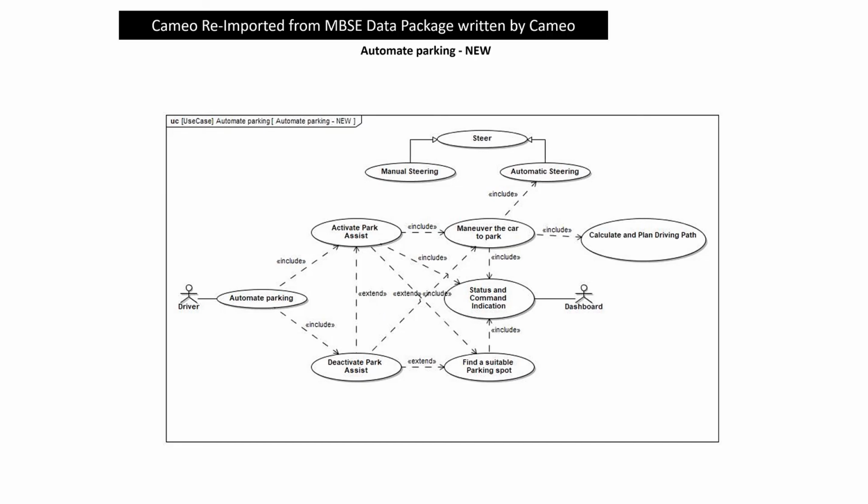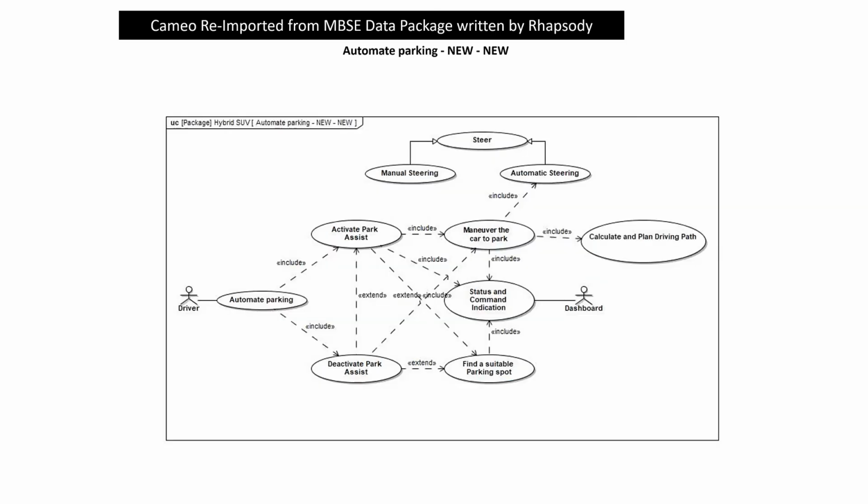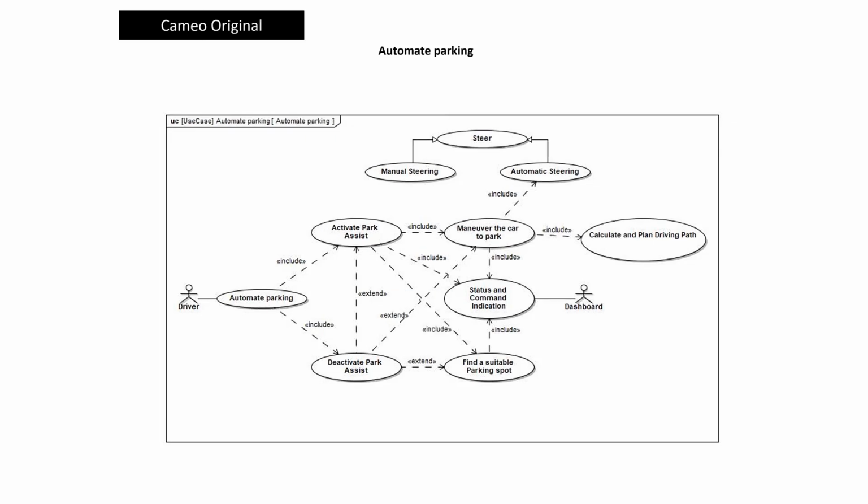Then we have pushed it from the digital data package into Rhapsody. In the next step, we have pushed it back from Rhapsody into the digital data package, and from there read it back into Cameo. So this is the 4th step. This is basically the completion of the round trip. And here is the original again.